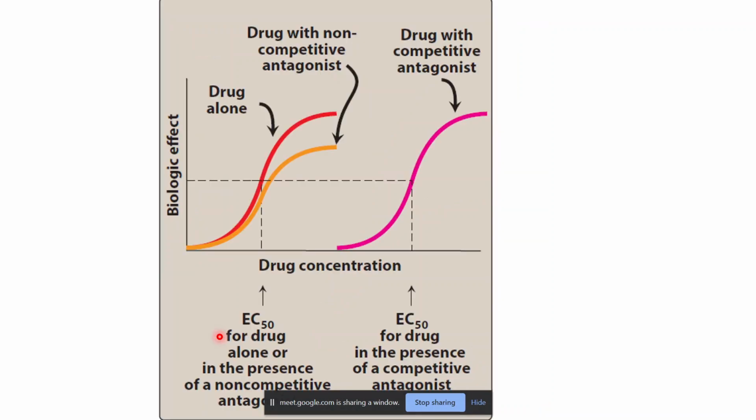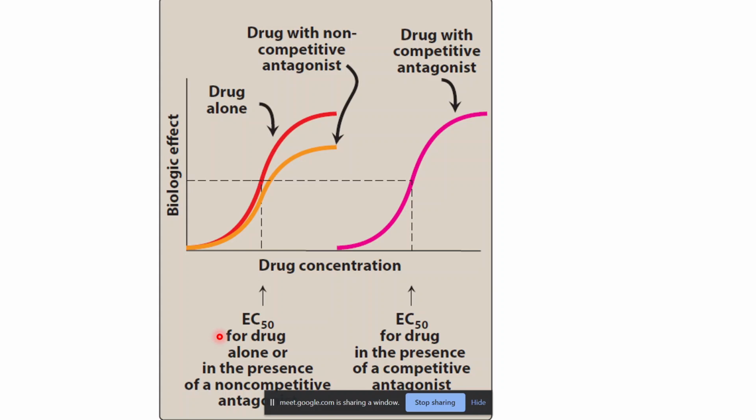Then we go to the antagonists. Antagonists bind to receptors with high affinity but possess 0 intrinsic activity, so they don't activate the receptor. An antagonist has no effect in the absence of an agonist, but can decrease the effect of an agonist when present.